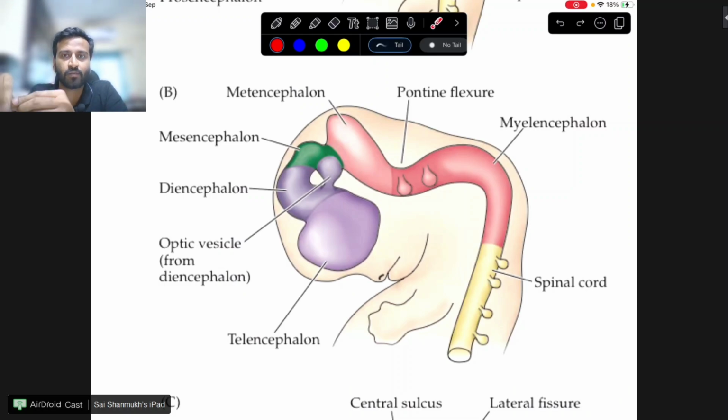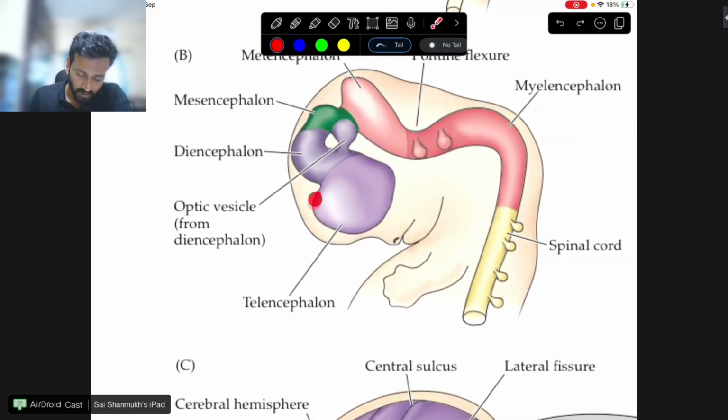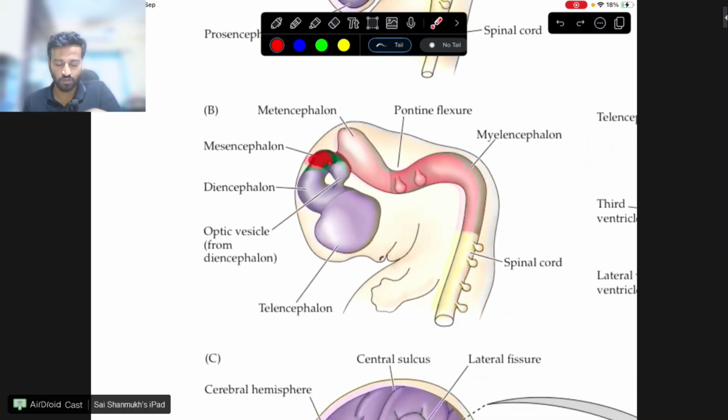These neural crest cells, upon action of some mediators, differentiate into adrenergic and cholinergic neurons. From there, we can see this forebrain. From the optic vesicle, and here is the diencephalon that is coming from the forebrain, and it is in connection with the mesencephalon.